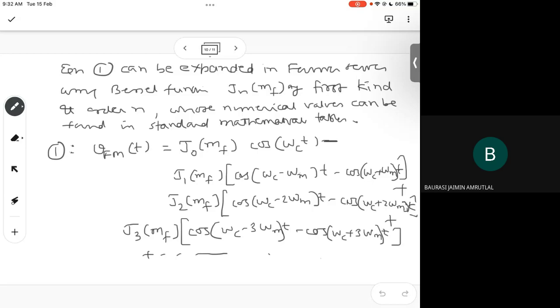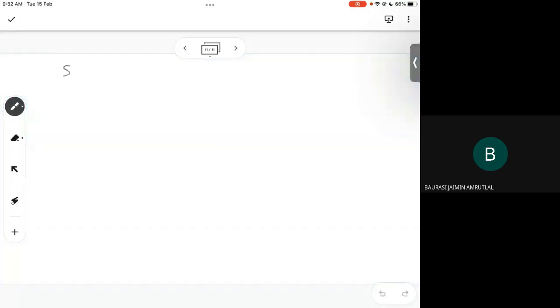How do these amplitudes vary? They are decided by J0, J1, J2, their values. Those values we can look up in the standard appendix tables for the Bessel function, which I will also reproduce here for your convenience.